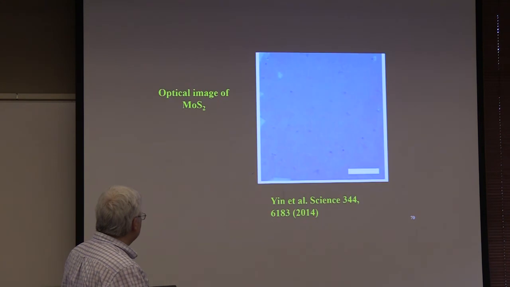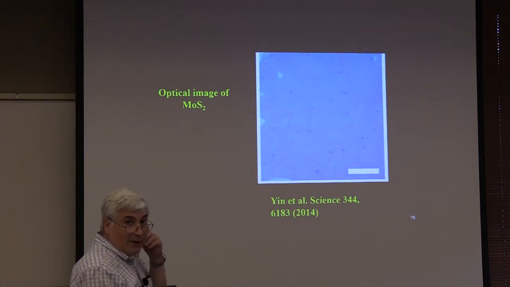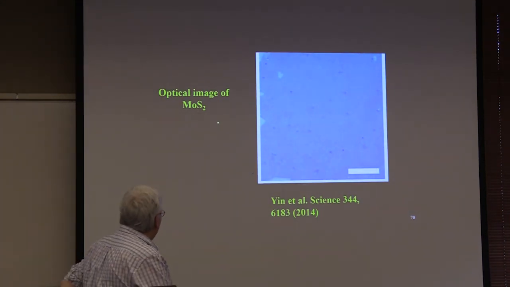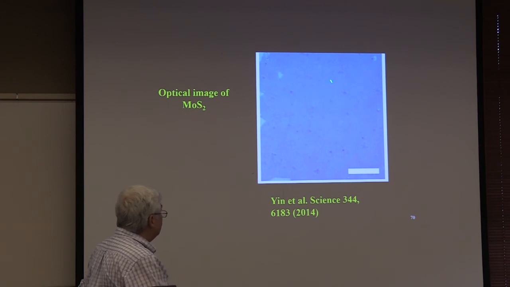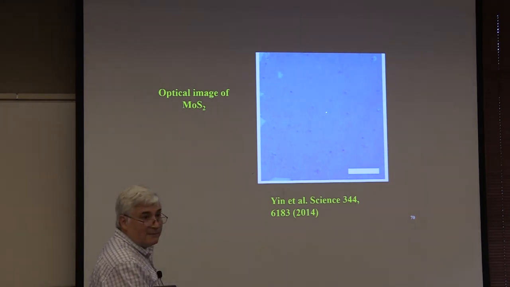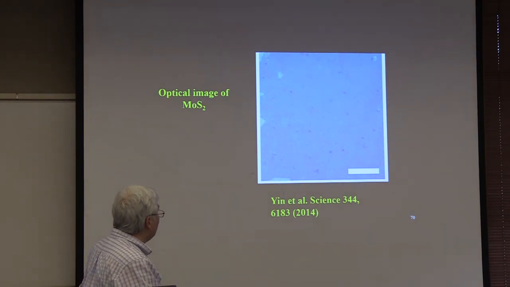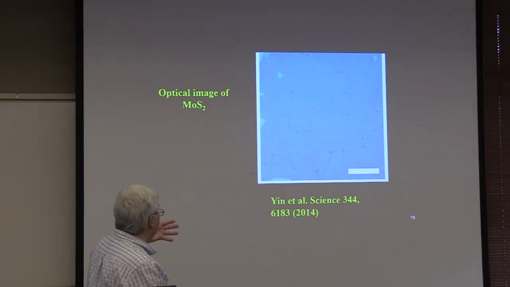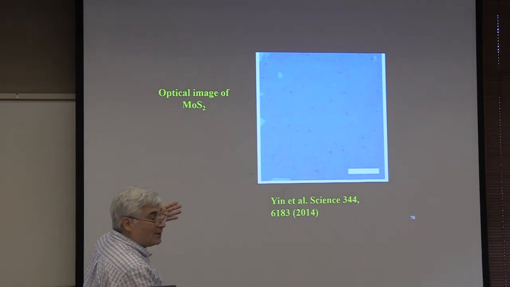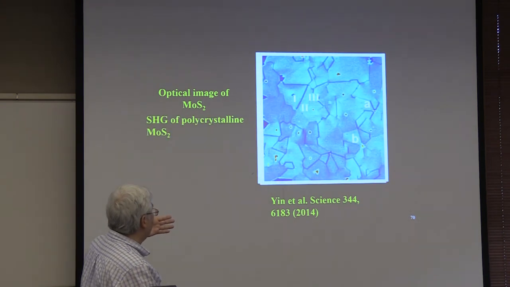If you get the optical image of molybdenum sulfide, you see nothing, right? But when you calculate, or obtain experimentally, the second harmonic generation image of molybdenum sulfide, this is what you see.